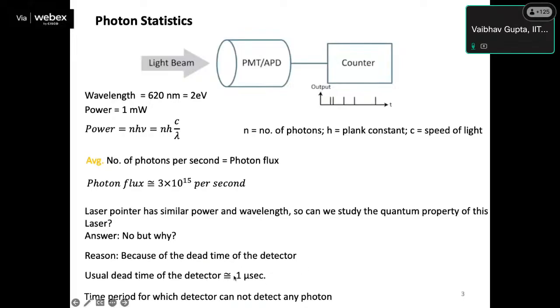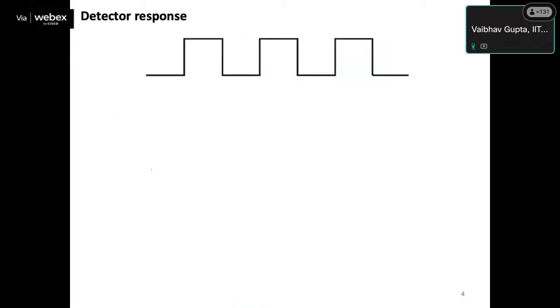Usually detectors have their dead time in microseconds or nanoseconds. The best detectors available on Thorlabs, a normal avalanche photodiode, have 10 nanoseconds of dead time. Now, please remember that in 1 second, 10 to the power 15 photons are coming. Now I will tell you why I am talking about the dead time.